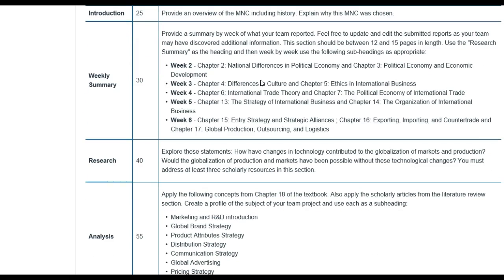Next are the weekly summary and research sections. If you look at the actual directions here, although these appear to be different sections, they are actually one and the same. But what we're doing is you're going to put together your week 2 through week 6 installments, but you're going to put it together now in a sort of Reader's Digest version.